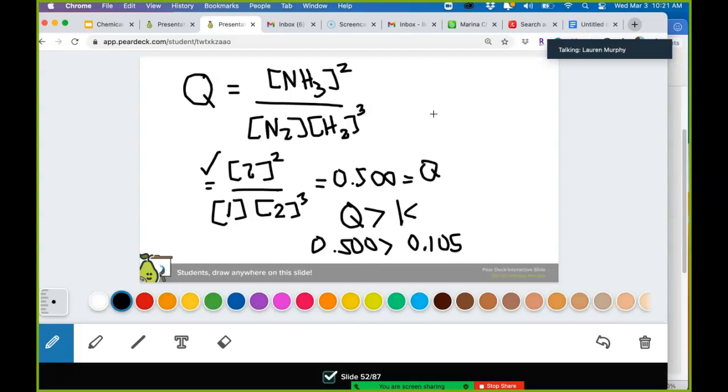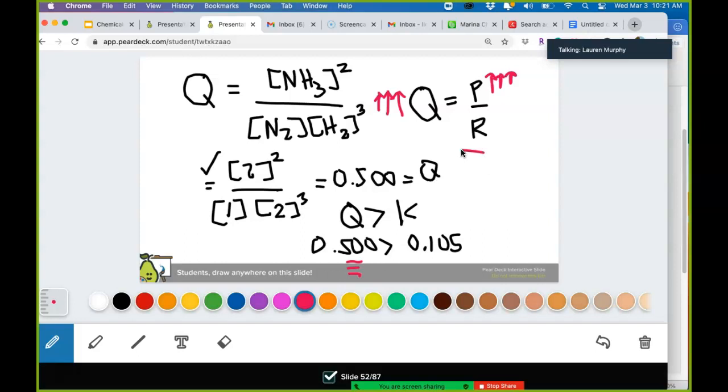Well, what does that mean? Q is products over reactants, right? So if Q is too big right now, who do I have too much of? Products, right? A bigger Q is going to be associated with a bigger amount of products. I have too many products to be at equilibrium right now. So what will the reaction want to do?